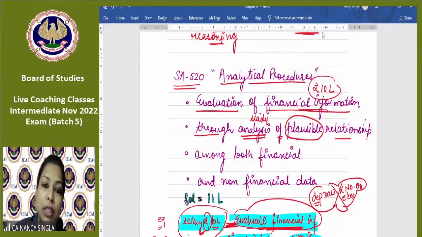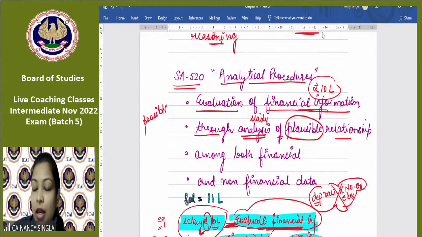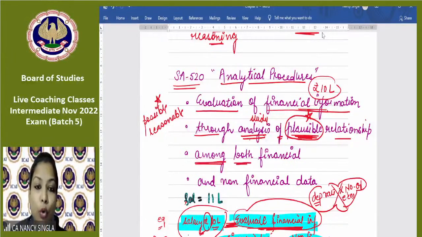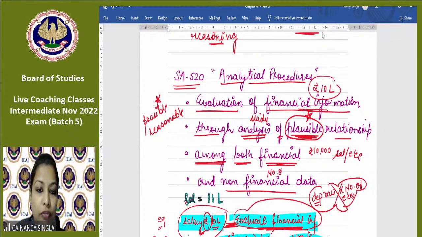Now, what is plausible? The dictionary meaning for plausible is what? Possible, reasonable, or believable. So you will not study just any element of the financial statements. So whatever is plausible, the term used by SA 520 is what? Plausible relationship among both financial data, which is what? Rupees 10,000 here, salary per employee, and the non-financial data, which is what? Number of employees, which was 100 in our case. Okay?